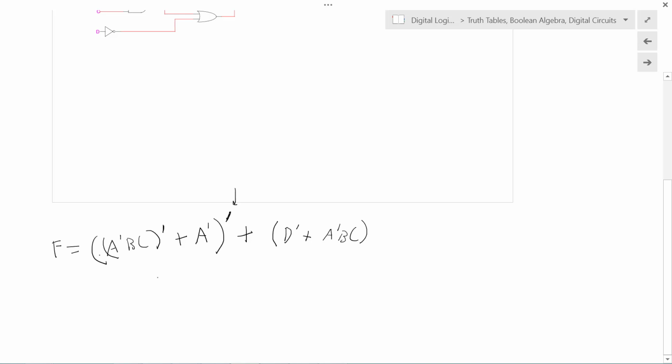So when we distribute the prime, or becomes and. So we have A prime, B, C, double prime, ANDed with A prime, prime. ORed with, and now for this term we can drop the parentheses. So we will say D prime or A prime, B, C.